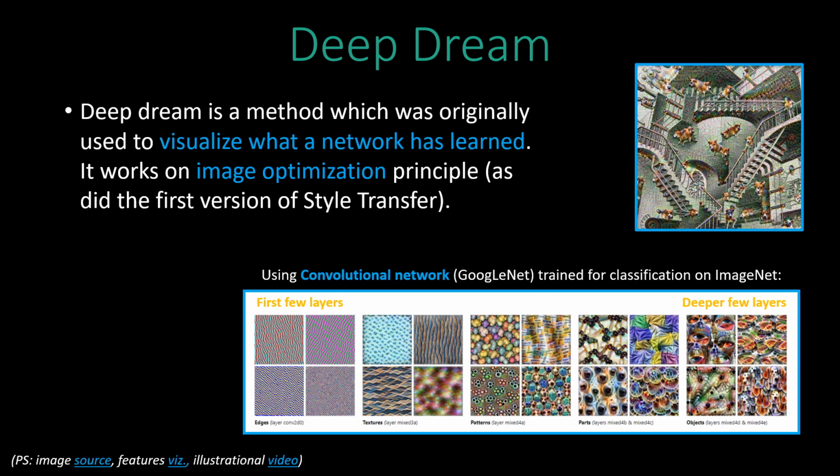Similarly to the previous case, we will be using a pre-trained convolutional network. Let's say this is a network very similar to AlexNet, maybe a few generations after that, so it's deeper and has slightly better learned representations. This one is called GoogleNet, but the principle is basically the same. We have pre-trained it on ImageNet, and the original purpose of this network was to classify images into the 1,000 categories of ImageNet.